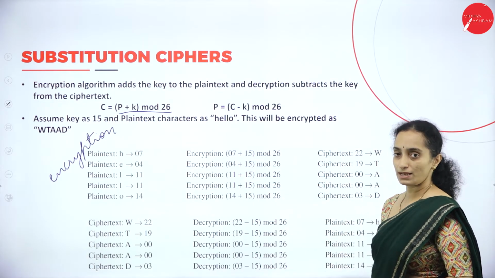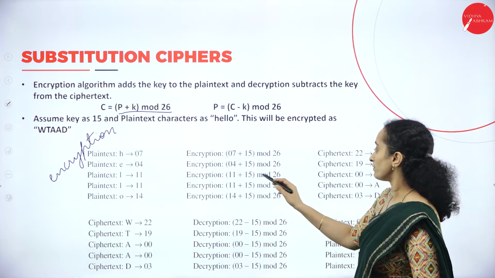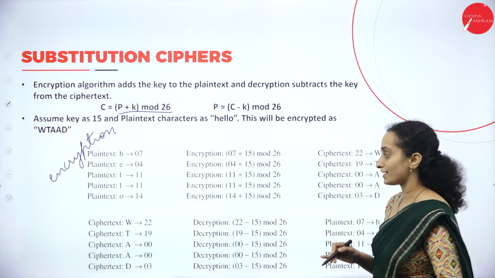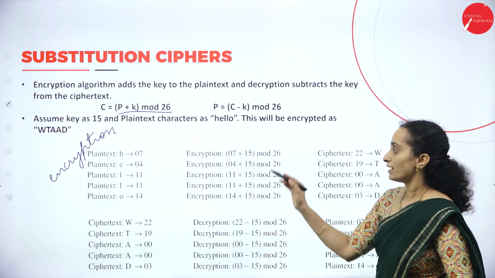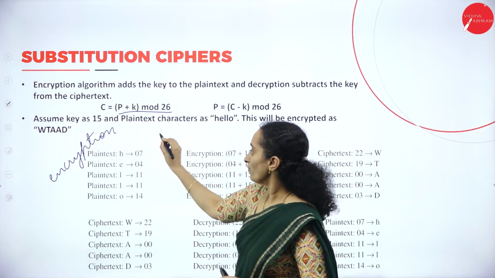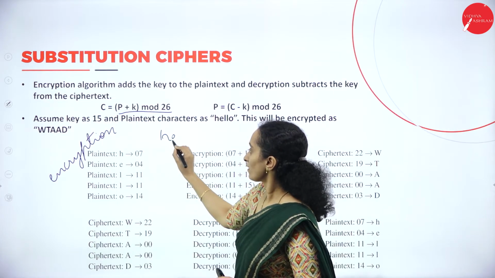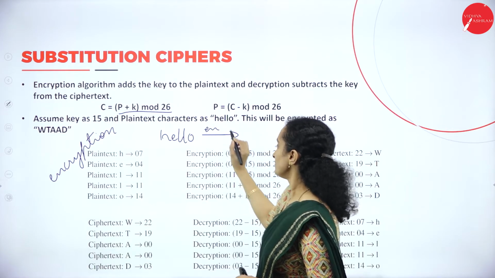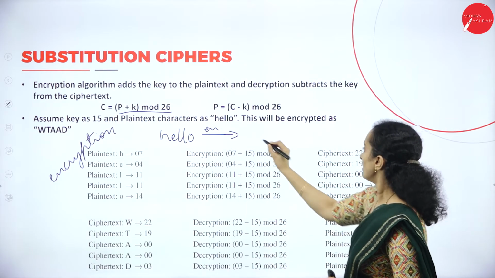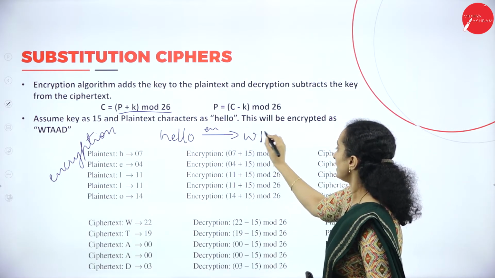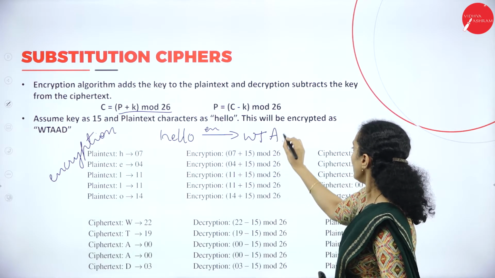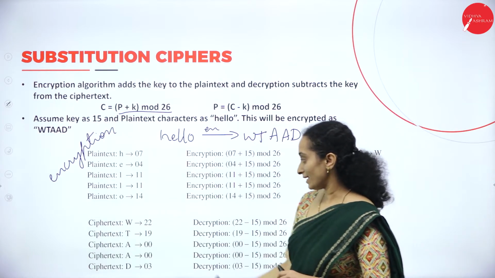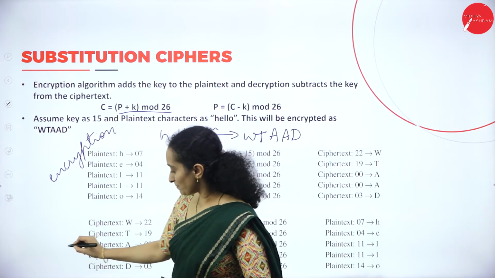When you give 11 plus 15, it will be 26, mod 26 will give you 0, that is the letter A. So the word HELLO has been encrypted to WTAAD.